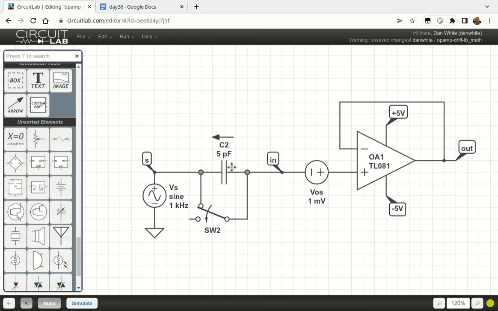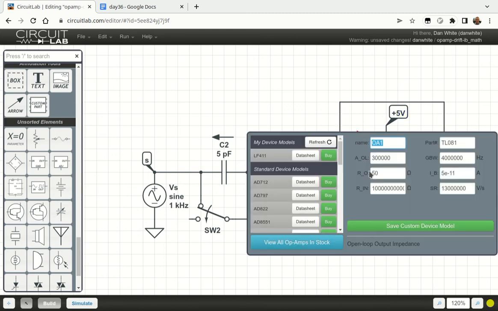That means the current's going to the right, out of this, through here, into the op amp. Oh, check this out. Look at this input bias current. The input bias current is, in fact, 50 picoamps, and apparently that means going in, because otherwise our signs wouldn't make any sense.